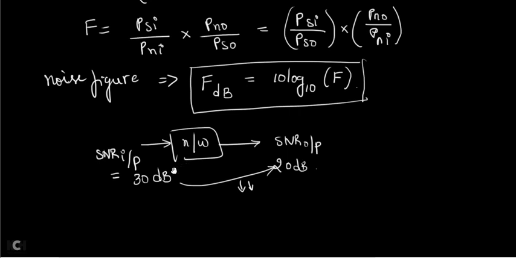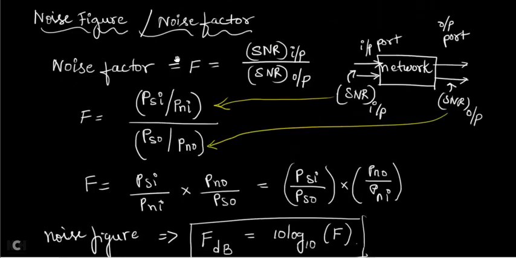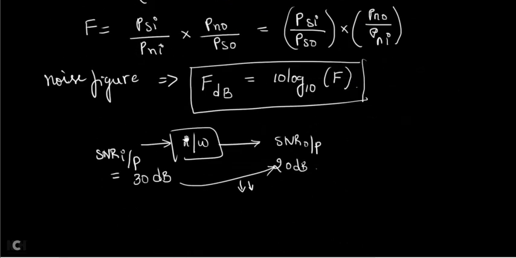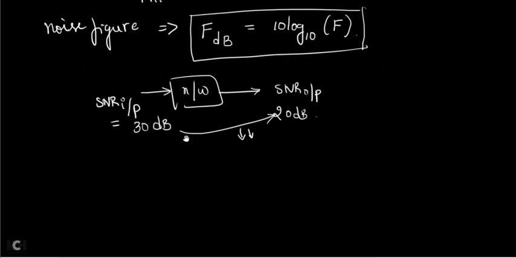That is measured by taking the ratio SNR input divided by SNR output, and that ratio is nothing but your noise factor. So what does noise factor tell? The noise factor of any amplifier or any network tells how much the input SNR has been degraded. That is the meaning of noise factor of an amplifier.